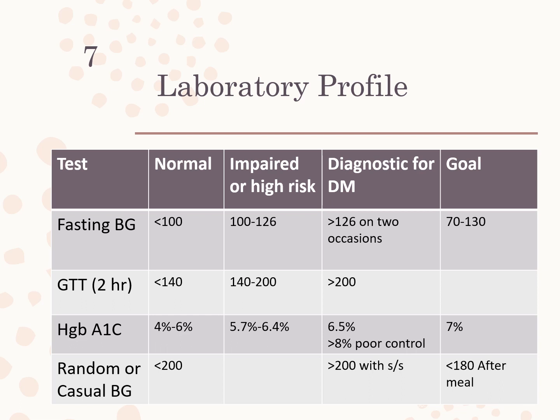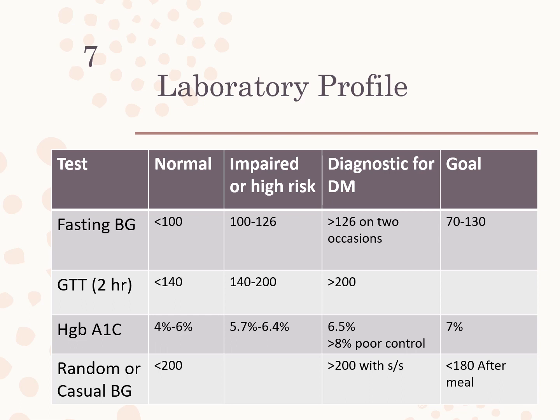Then the GTT, the glucose tolerance test, the 2-hour one, which is more diagnostic than the 1-hour one. A normal blood sugar rise should roughly be less than 140. So you drink that 75 grams of sugar, awful. I should see your sugar come up, but no more than 140.